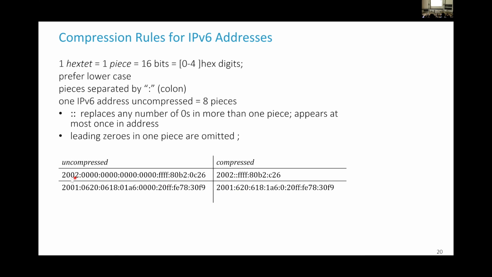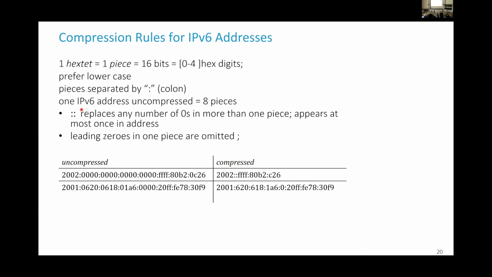For example, if I have an address like this one with lots of zeros, then I can remove them. And if I put an empty space, or no space, between two columns, it means as many zeros as is required to fill in the address to obtain 128 bits at the end. Of course, that can exist only once in an address.